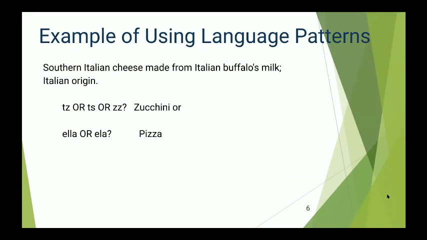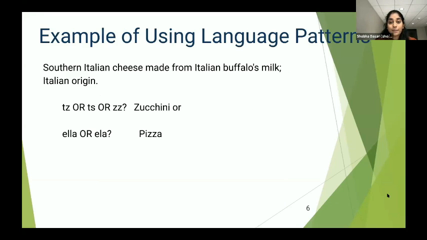I wanted to give an example of how we use language patterns first, before diving into a bunch of different examples of these patterns. I haven't put the word on the screen, but the word is mozzarella.